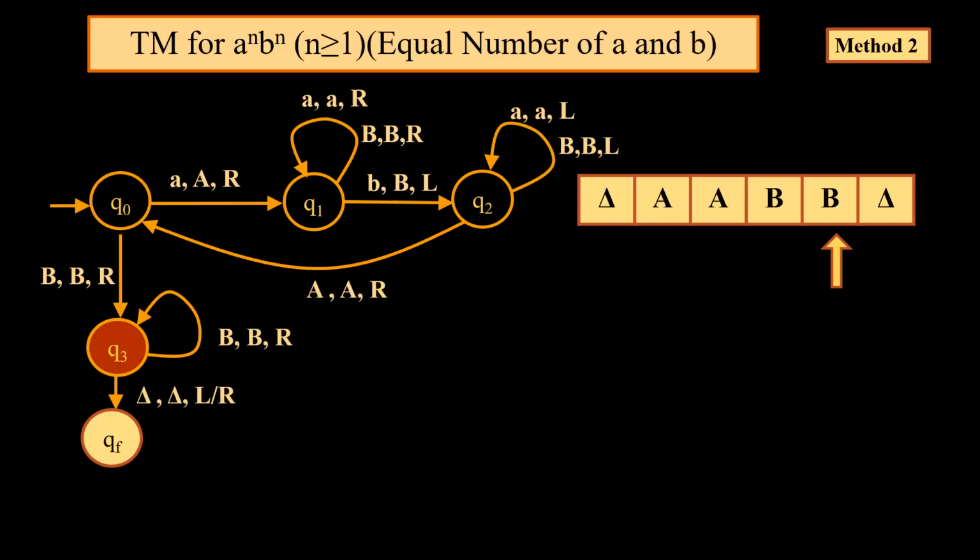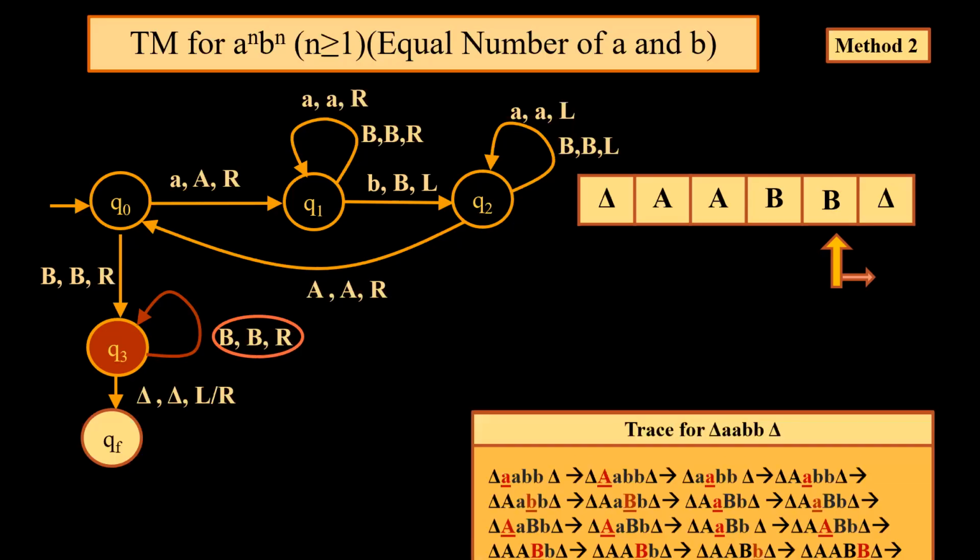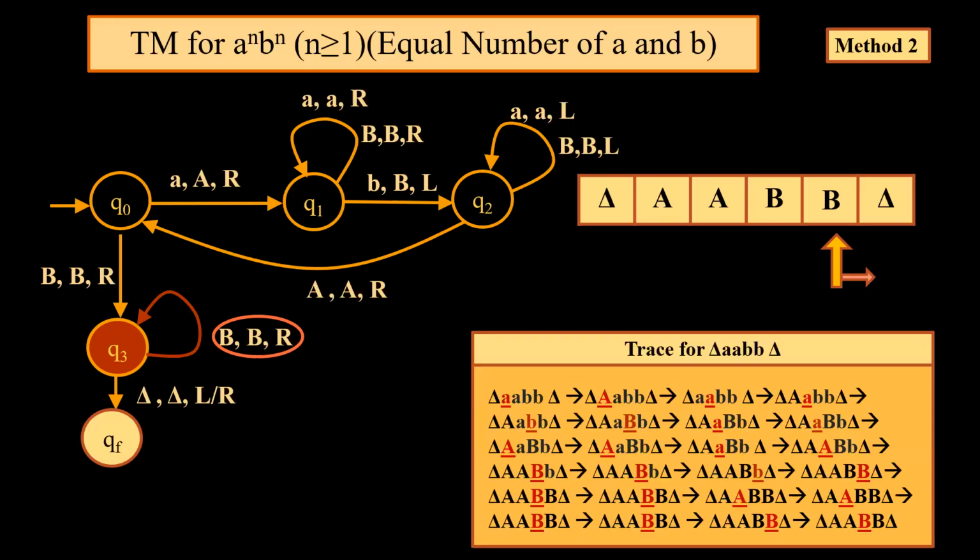We again find next capital B, that means it has already been cross-checked with one of the small a by converting it into capital B. Now we should not get any small b since we have converted all small a into capital A. We should have all small b converted into capital B.